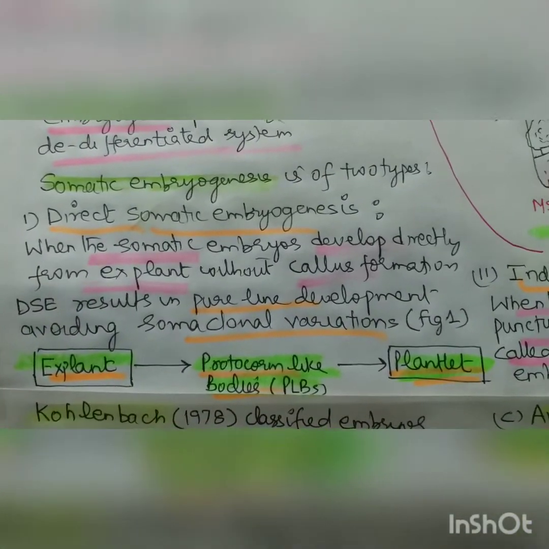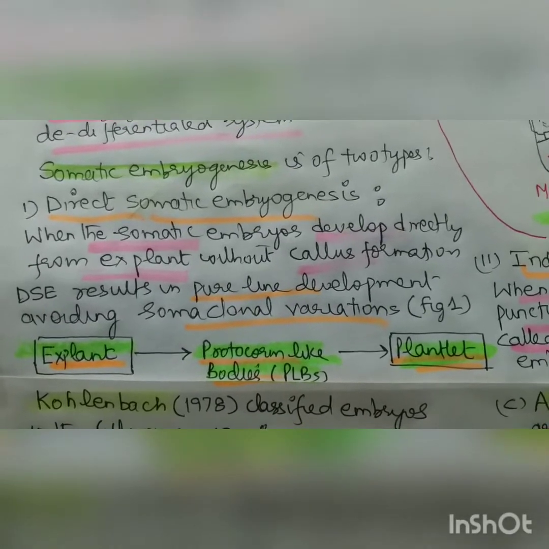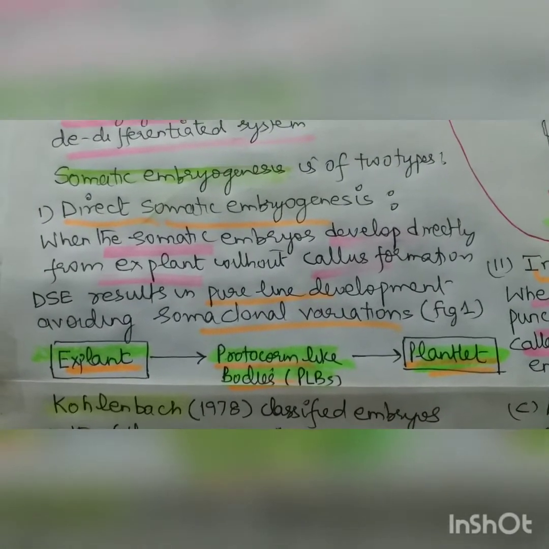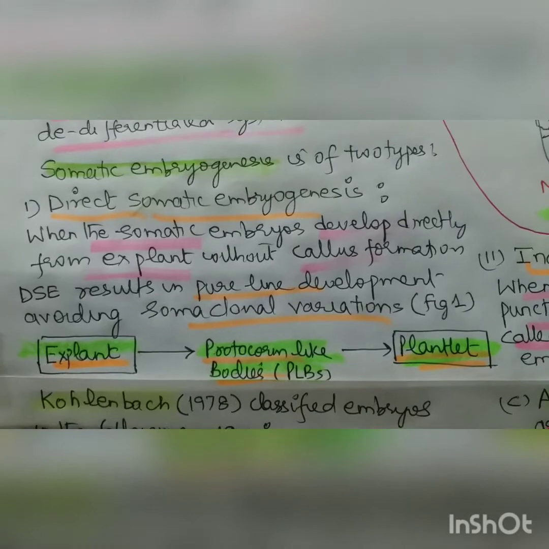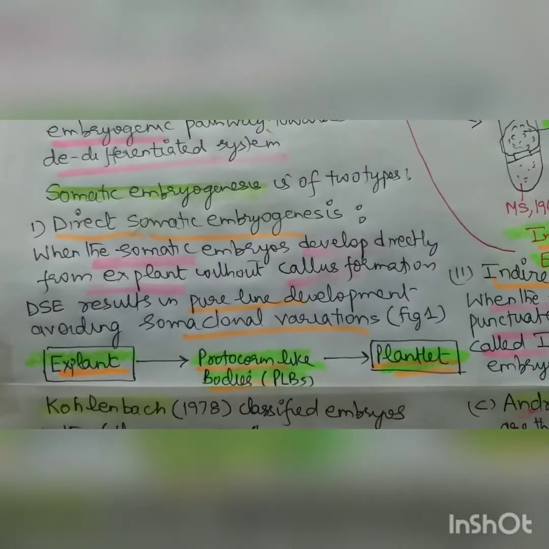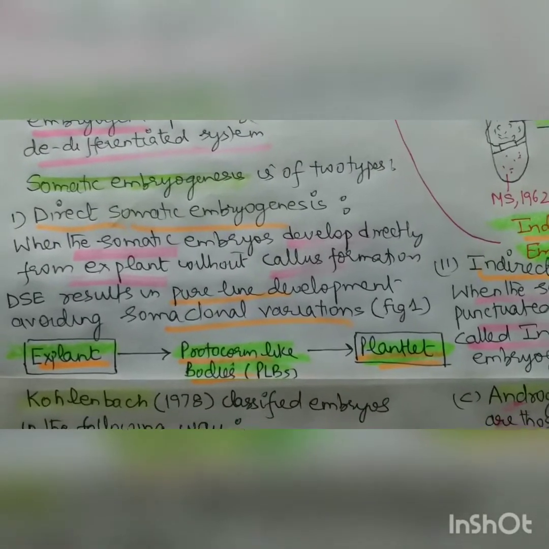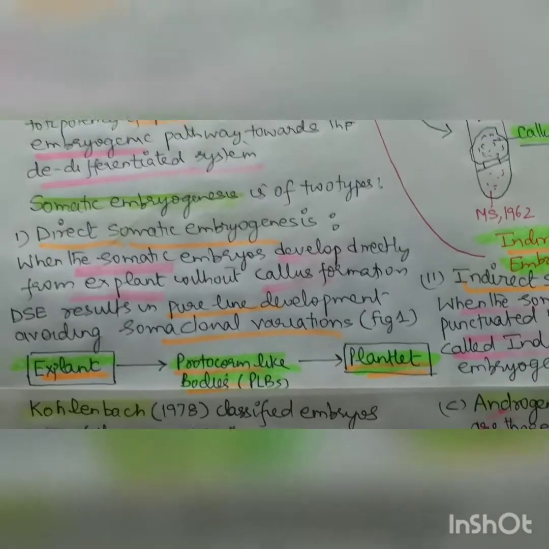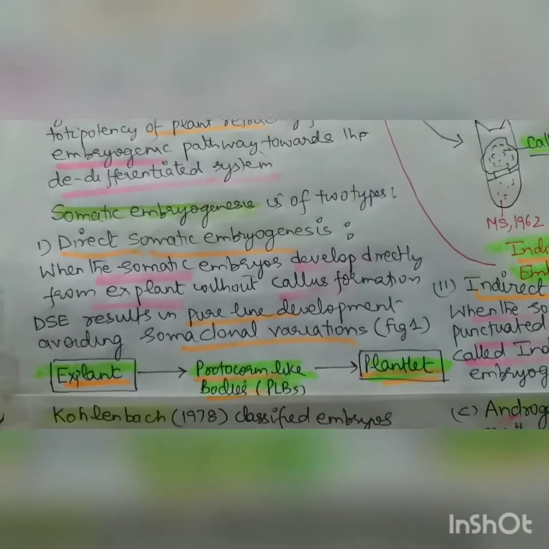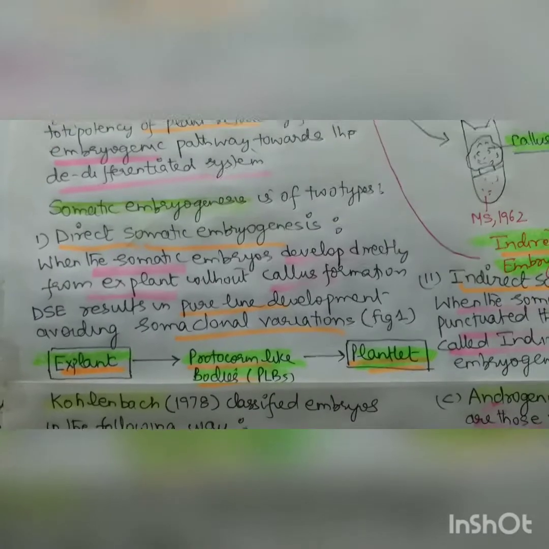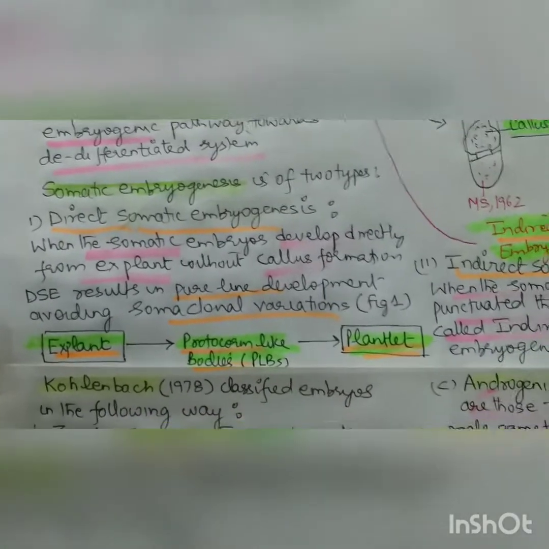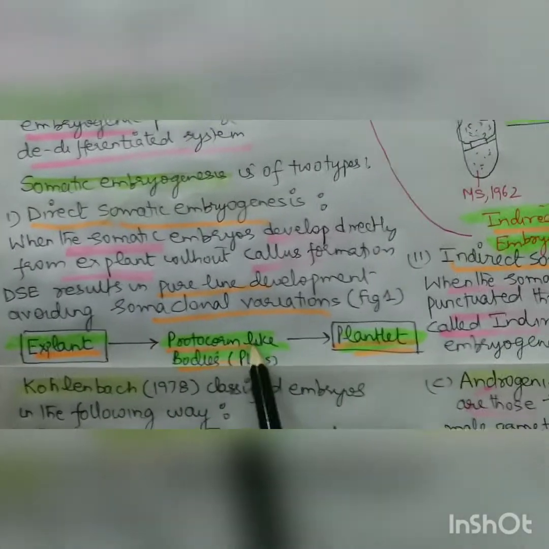Somatic embryogenesis is of two types. First is direct, when somatic embryos develop directly from the explant. We can take any explant: leaf, root, node, or floral organs like sepals and petals, without callus formation. That is called direct somatic embryogenesis, which results in pure line development, avoiding somaclonal variations. From the explant we have protocorm-like bodies.